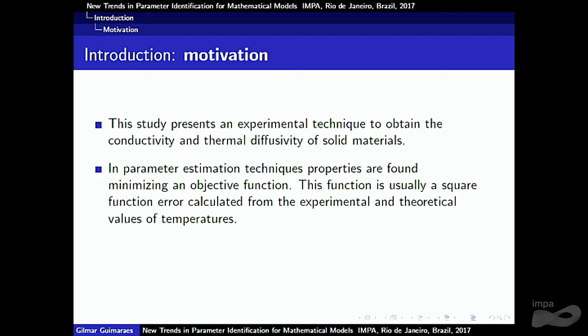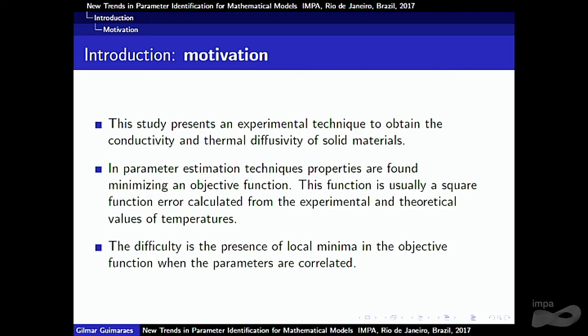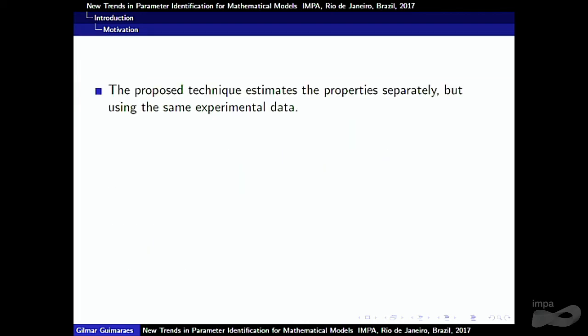In parameter estimation techniques, properties are found by minimizing an objective function. This function is usually a square error function calculated from the experimental and theoretical values of temperatures. The difficulty is the presence of local minima in the objective function when the parameters are correlated.